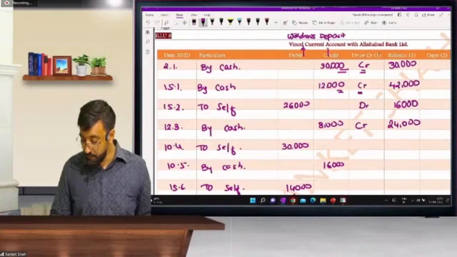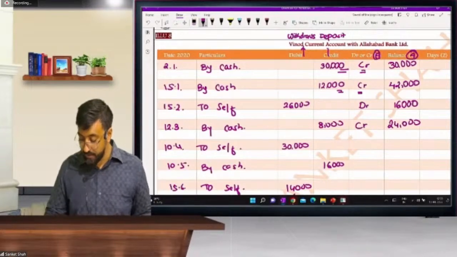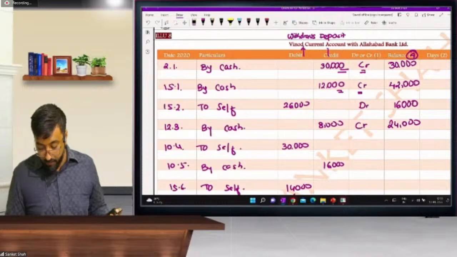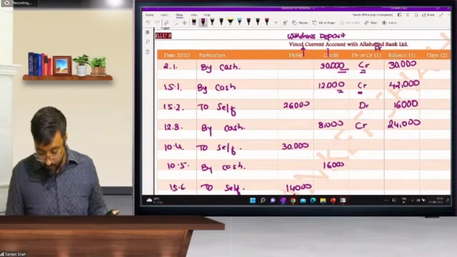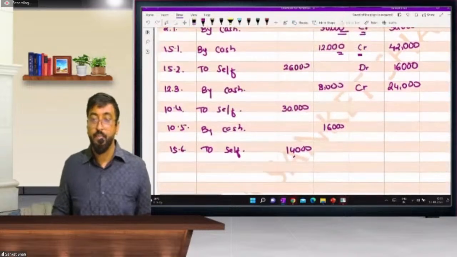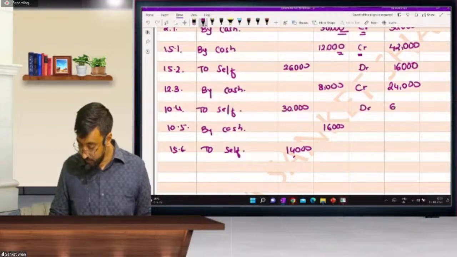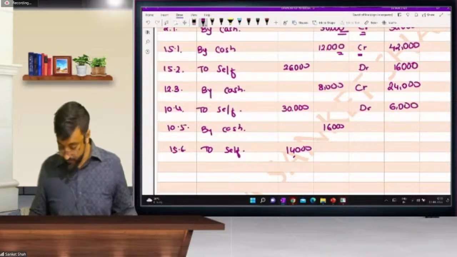So this is number A. Number A pe we have calculated balances. Debit or credit is on number A. We are finding out balances. This is number 1. 24,000. 30,000. 6,000 debit.